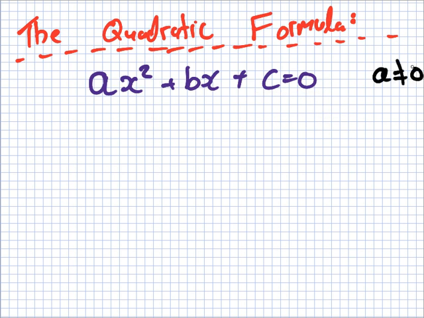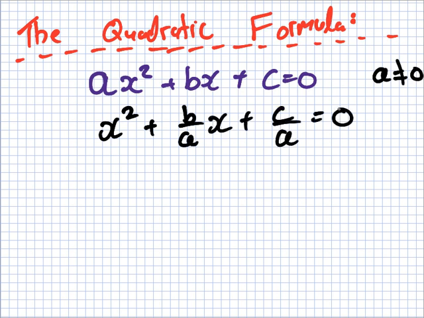So, there's a lot to write if you can try and keep up. The first thing we'll do is divide by a. So we'll have x squared plus b over a x plus c over a equals 0. Next, we'll complete the square. So what's the next thing now, if I'm completing the square?